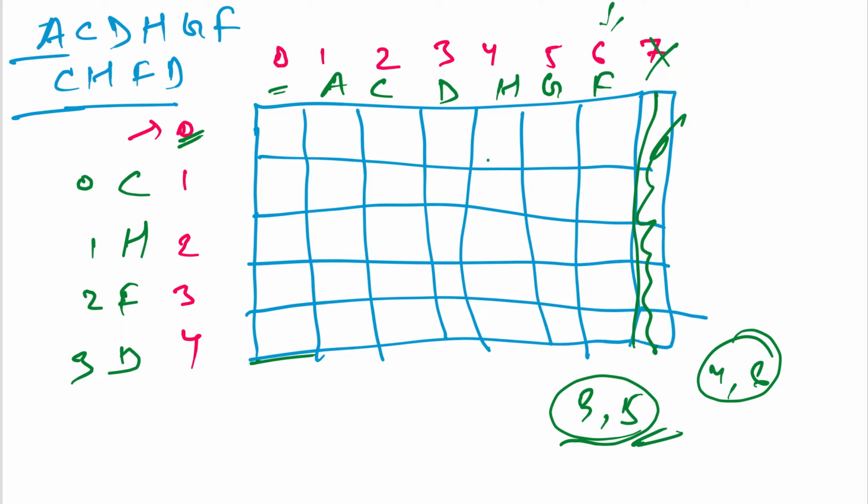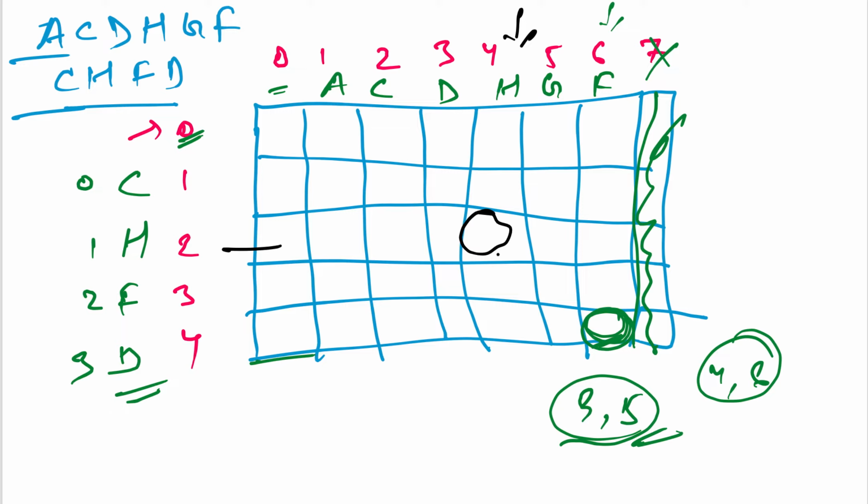This is the last character, so whatever value is in this cell will be the answer. And we can see at any index what it indicates. Let's say we consider this index. What it indicates is the longest common subsequence considering this string up to this point and this string up to this point.